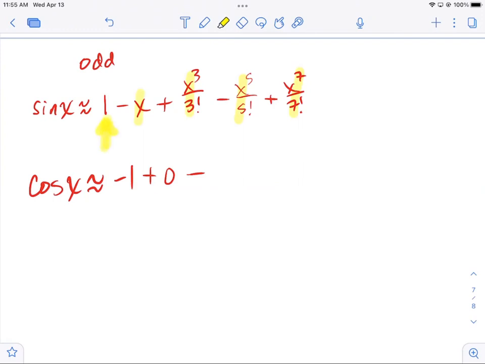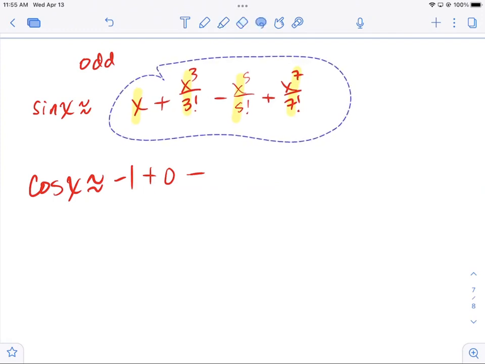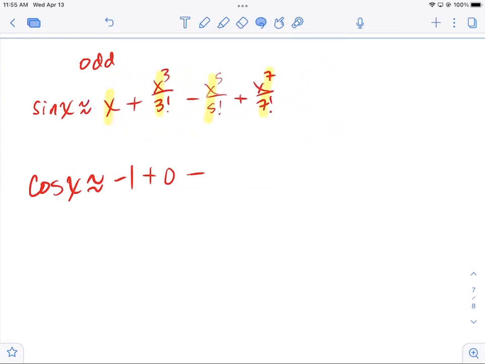It doesn't start with 1. It starts with x. 1 is an even function. Think of the horizontal line y equals 1. It has y-axis symmetry. So now that's going to change all the signs, isn't it? Yep, it is. So it's x, positive x, minus, plus, minus. There you go. Now cosine is even.